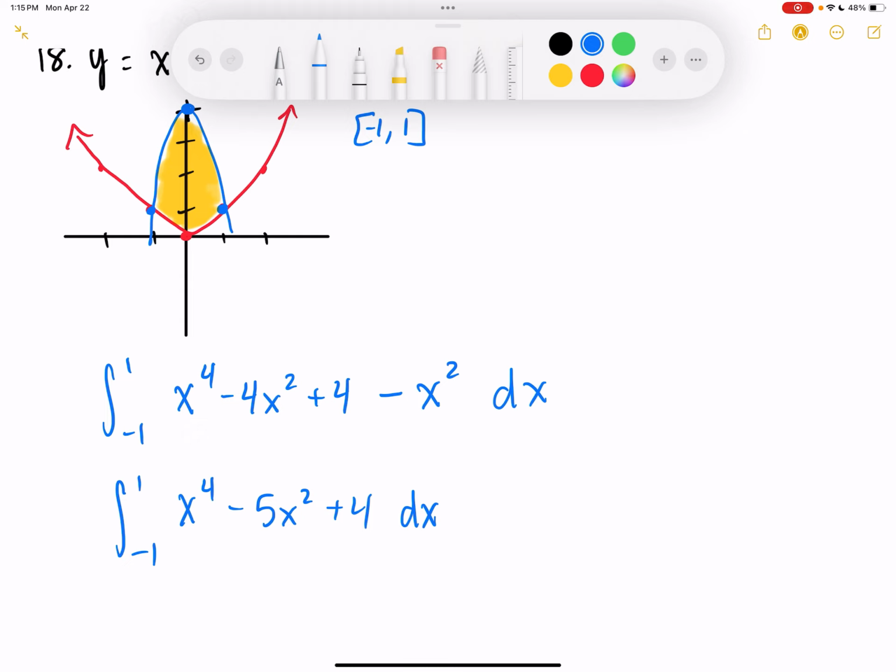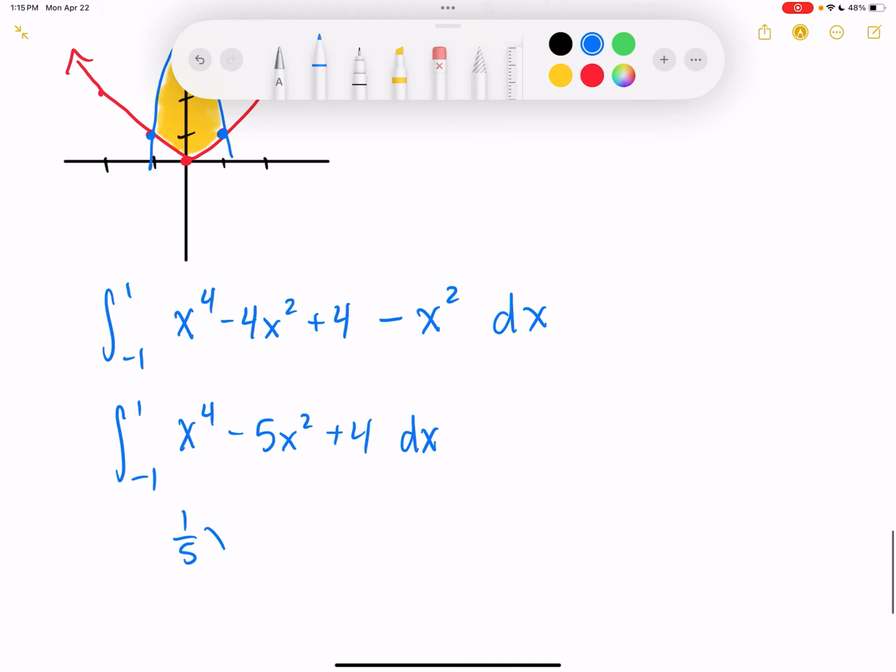Alright, so now we have to integrate it. The integral is 1/5 x to the fifth minus 5/3 x to the third plus 4x, evaluated from -1 to 1.